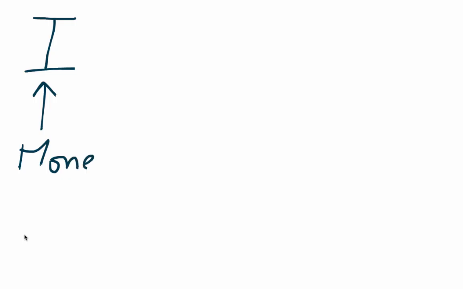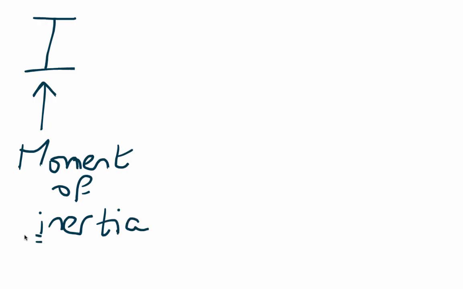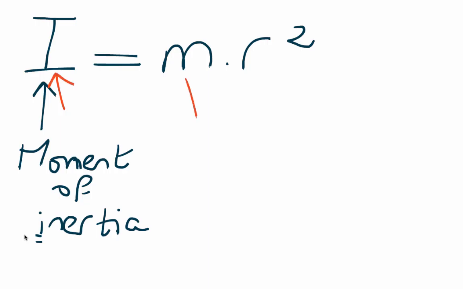It has been found that the moment of inertia, which is symbolized by the letter I, the first letter of the word inertia, is equal to m r squared, which means that the moment of inertia depends on the mass of the object and on the radius of the object. The bigger the mass, the bigger the inertia. And the bigger the r, the bigger the inertia.